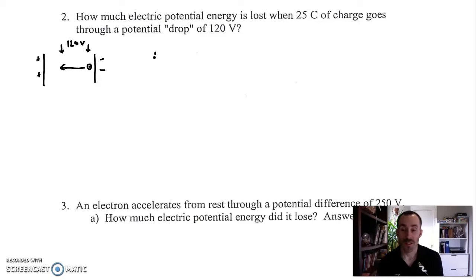We're looking for what is the electric potential energy, E. And that's equal to Q change in V. Electric potential energy is 25 coulombs times 120 volts. So the amount of energy that was lost, potential energy that was lost from that position 1 to position 2 was 3,000 joules.